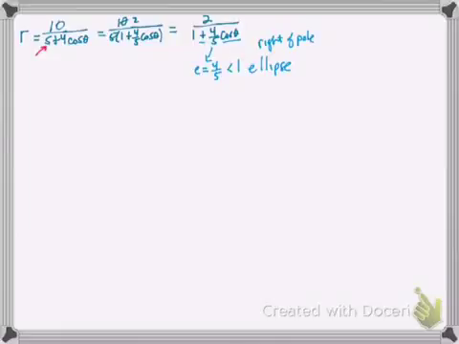And it also tells us that the major axis is going to be the polar axis. So we can start thinking about where our directrix is going to go, which actually I just said the directrix is going to be right of the pole.